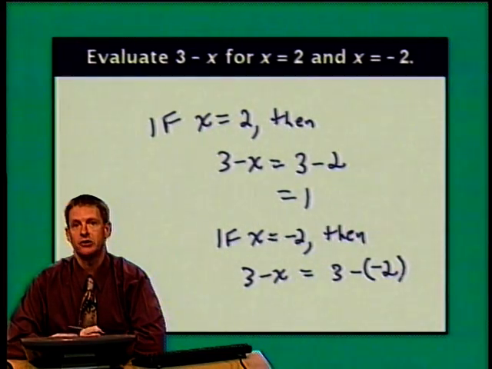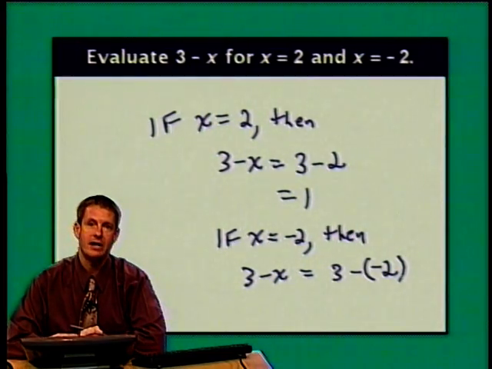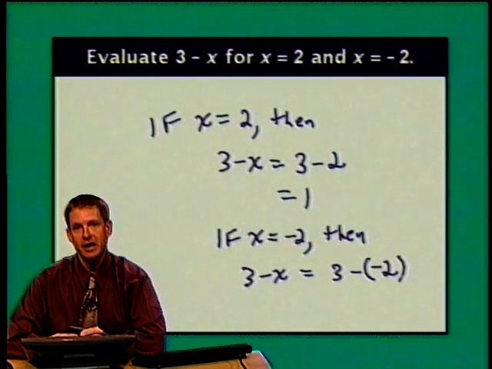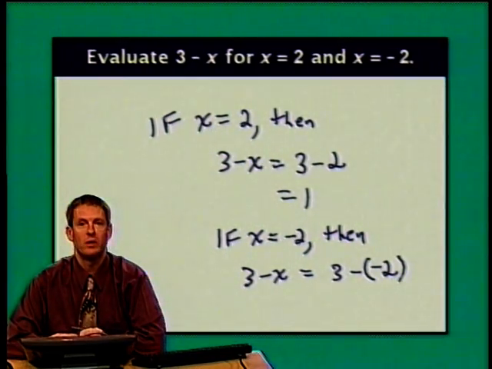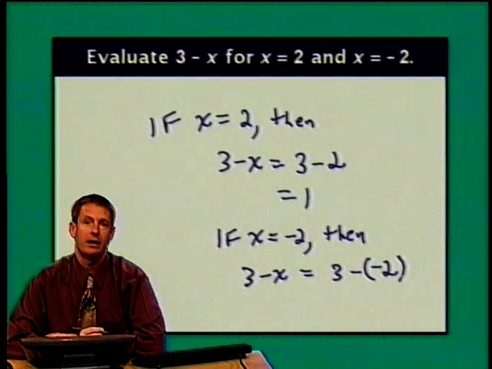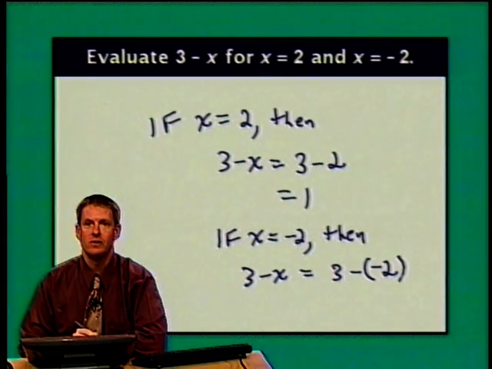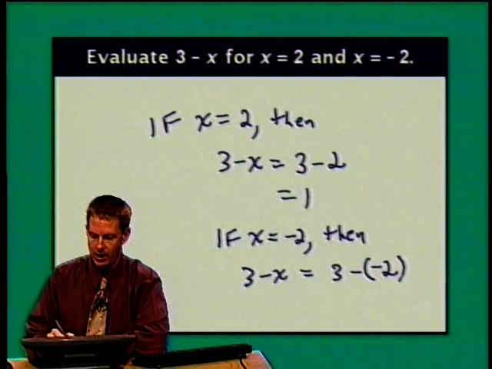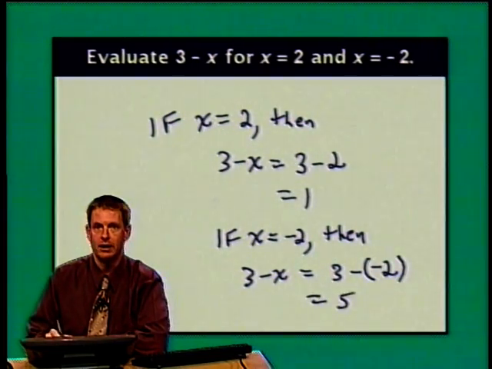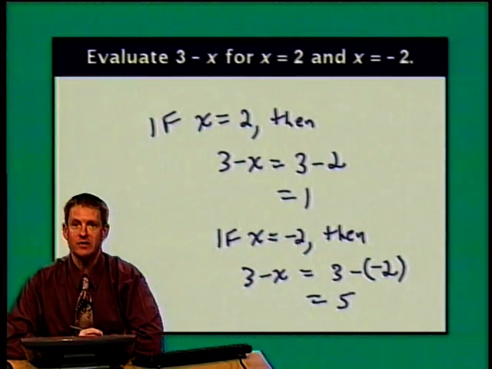When you're deciding whether you should use parentheses, you just have to think about how you would write the arithmetic no matter what context the arithmetic was occurring. When I subtract a negative, the number goes in parentheses. That's why I have parentheses around the negative 2. Subtracting negative 2 is the same as adding 2, and 3 plus 2 is 5. So if x equals negative 2, the expression 3 minus x evaluates to 5.